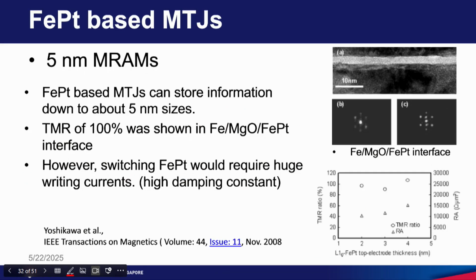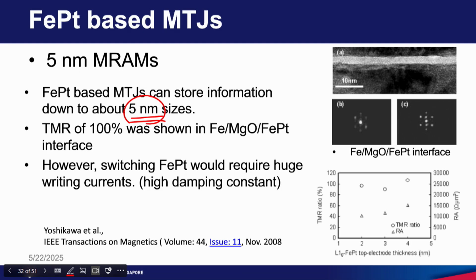Then people also looked at iron platinum based MTJs. So I told you that iron platinum has a very large anisotropy constant, so they can support small MRAM sizes about 5 nanometer. So earlier I told you 2.5, that's for a cube I think, but if you make thin films of iron platinum, you can achieve 5 nanometer size using iron platinum MRAM.